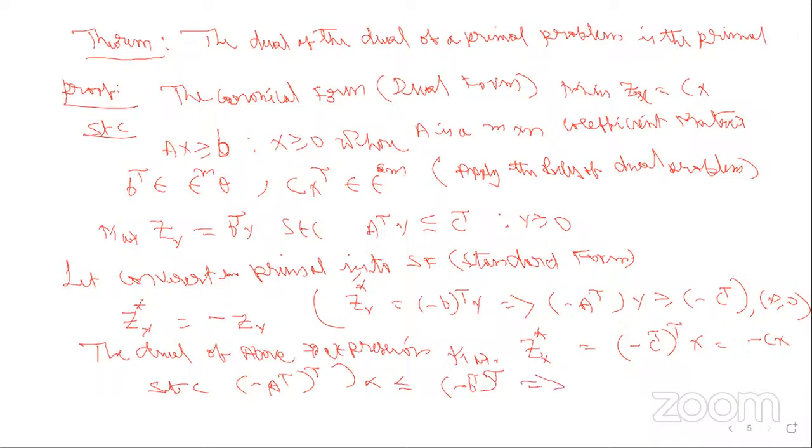That implies Ax is greater than or equal to b, which is primal. Hence proved. This theorem is important for 10 marks.